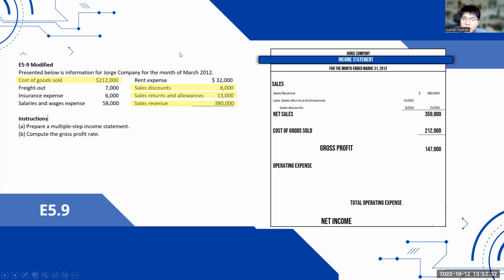Then the last would be recognizing our operating expenses based on how big the expense is. So we start with salaries, wages, and expense. Then the rent. Then freight out, and then insurance. And then if you total this, it's 103,000. So that finally we can solve for our net income. Our gross profit minus our total OPEX would be 147,000 minus 103,000 would be a net income of 44,000.